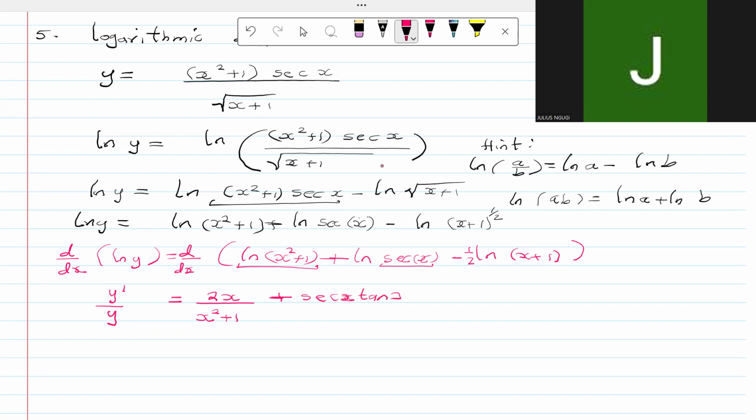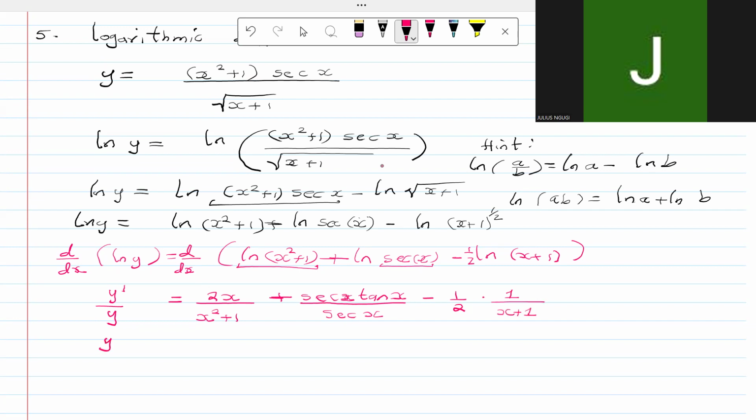And for you to understand that one, you can write secant of x in terms of its primary form, that is 1 over cosine of x, and then you find the derivative of 1 over cosine of x using the quotient rule. So then here you divide by secant of x because it's the inner function. Finally, the last part is that you get minus a half. The derivative of x plus 1 is just 1. Then you divide by the inner part of the function, that is x plus 1.